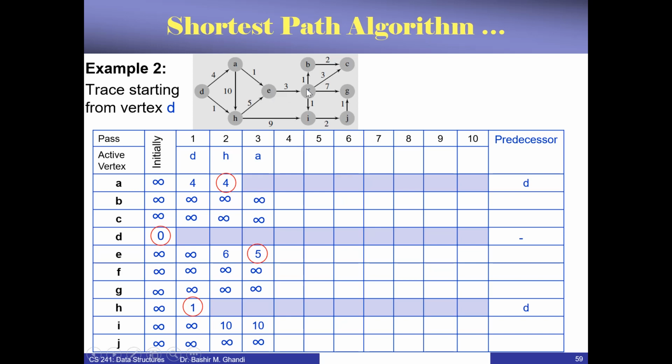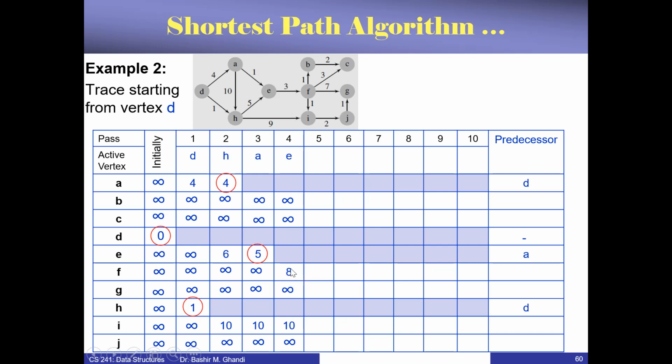Clearly, we can only reach F. How much did it cost us to reach E? 5. So 5 plus 3 will be 8. Is the present value bigger? Yes, it was infinity. So we're going to replace the cost of reaching F with 8. And all the other values will remain as they are.